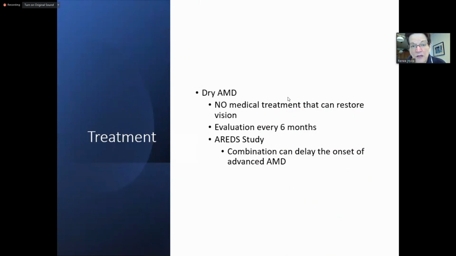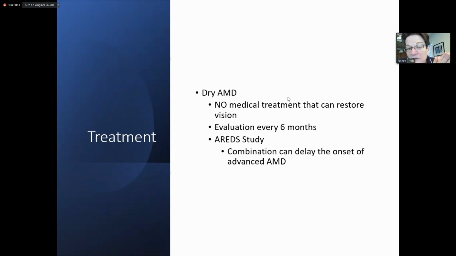Now, treatment of dry, there's no treatment that can restore vision. And as a general rule, guys, this is what I'm going to tell you. Once that vision is lost with pretty much all of these conditions that I'm going to go over, nothing can restore that vision. What's lost is lost. And it probably will not be regained.